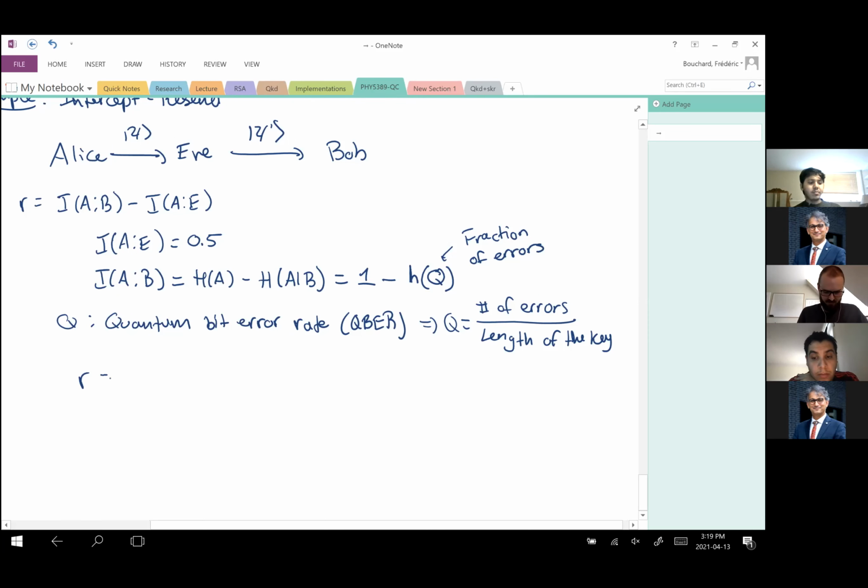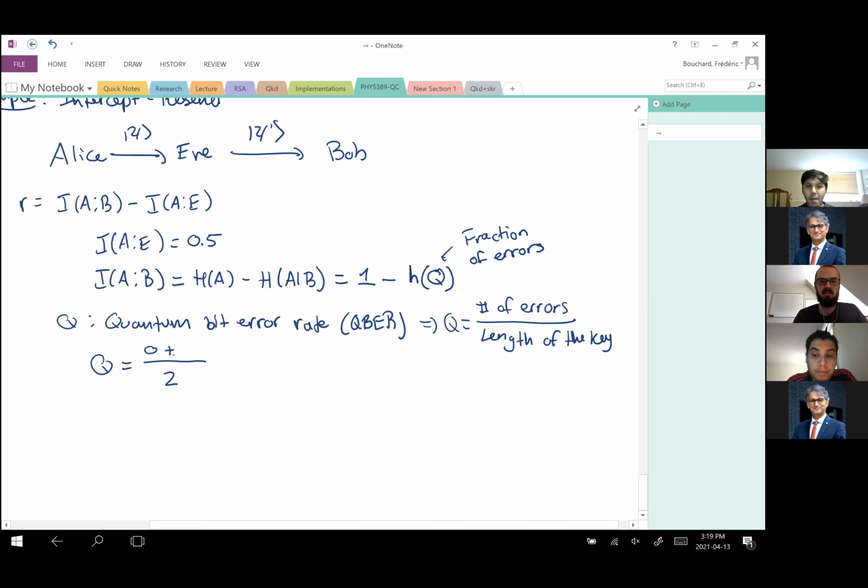So then, what we want to know is whether the mutual information between Alice and Bob is larger than between Alice and Eve. Here, let's try to calculate Q for this case. There are 2 cases. Either Eve did a good job and guessed the right basis, and then there will be no errors in Alice and Bob's keys.